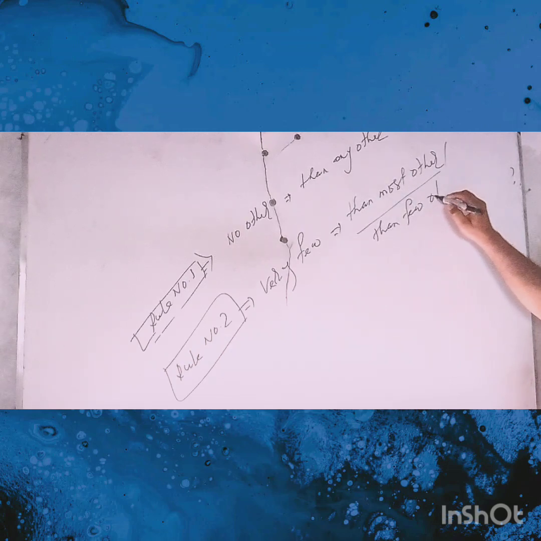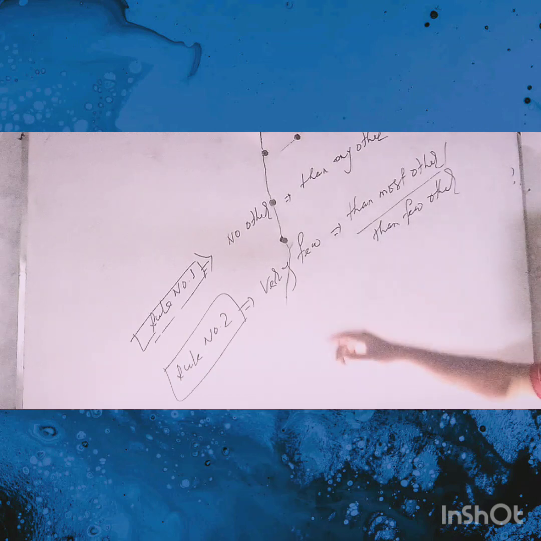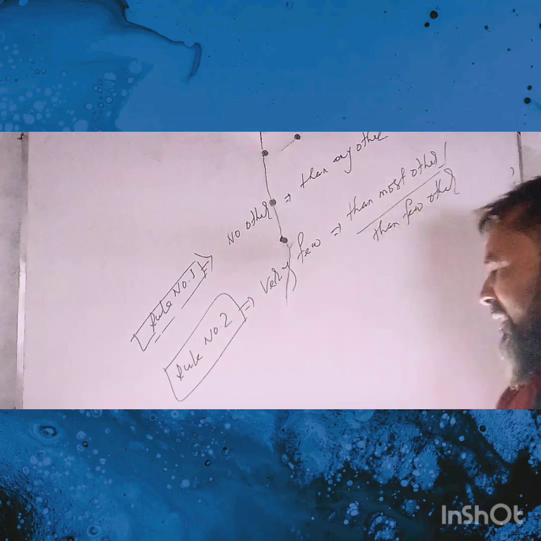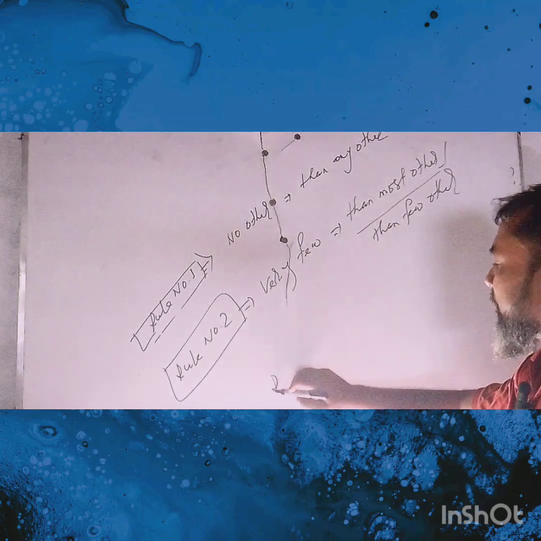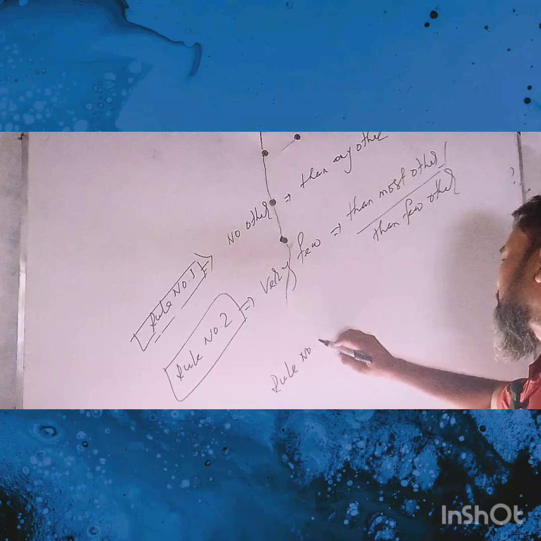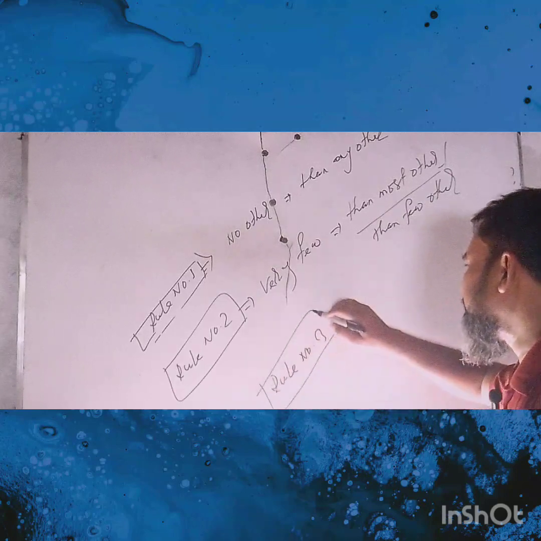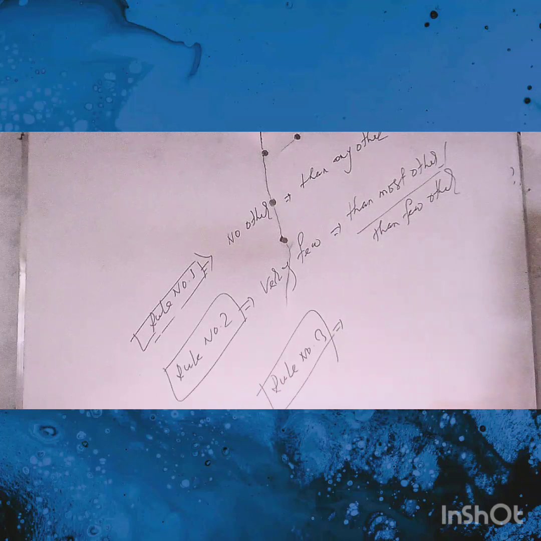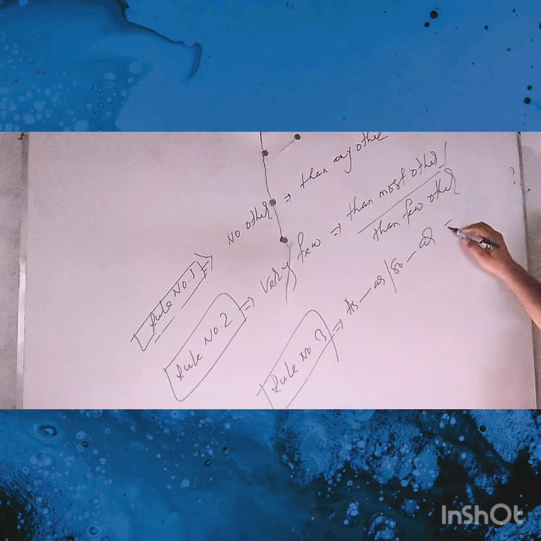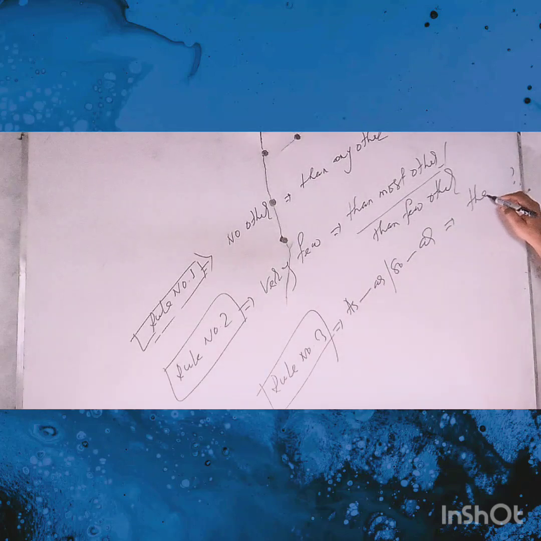And from rule number three, you can remember: as dot as, oblique so dot as, equals then.